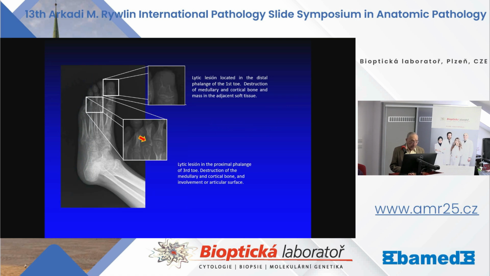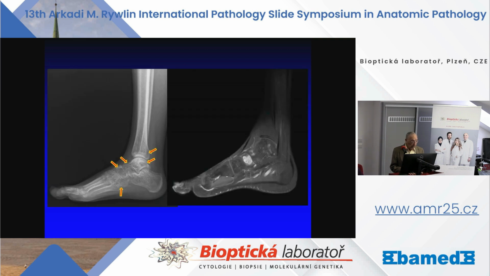There was a lytic lesion in the first toe, and another lytic lesion in the proximal phalanx of the third toe. And here you can see destruction or lytic lesions in many bones of the tarsus.